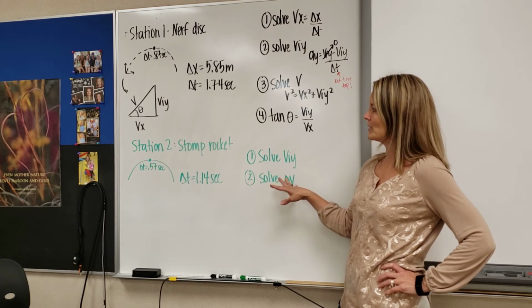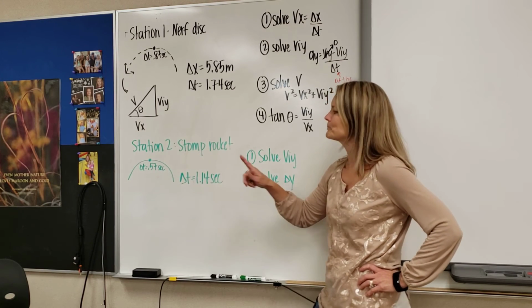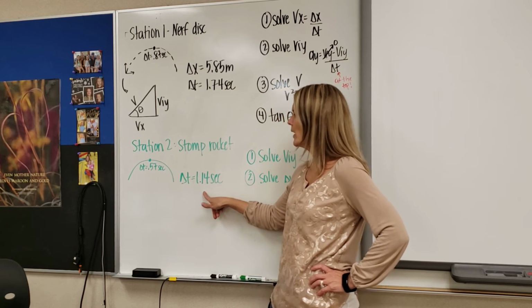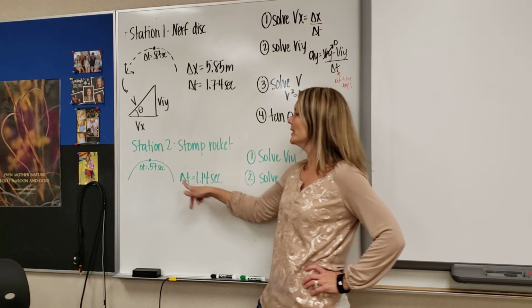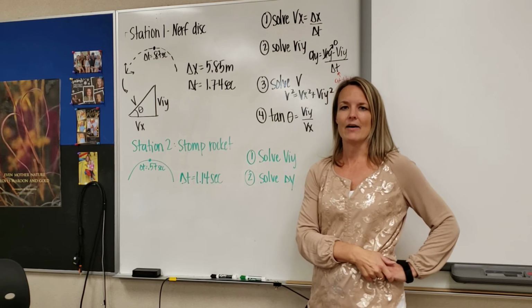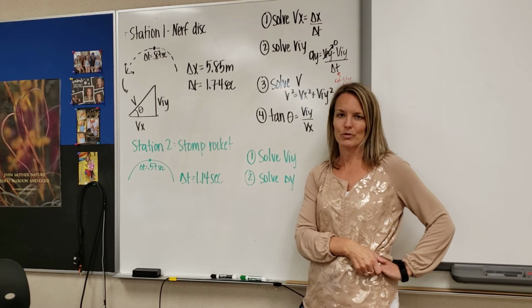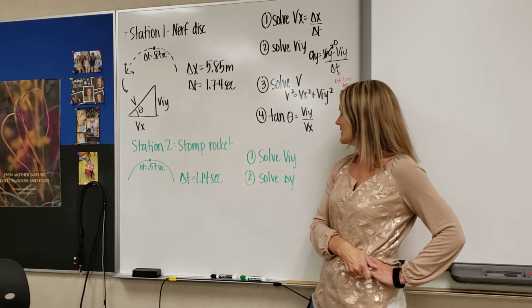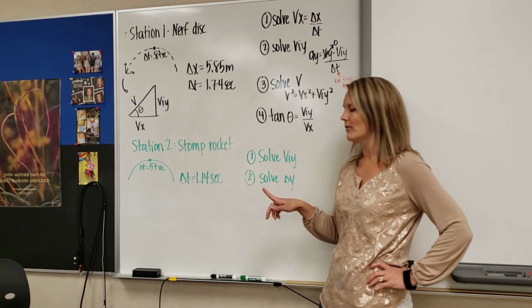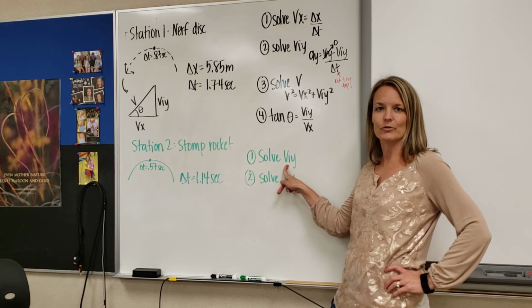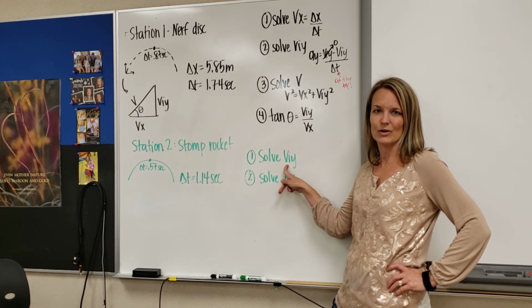For station number 2, the stomp rocket, all you had to do was measure the full time, 1.14. You will also need the time at the halfway point, the time at the top. So if you cut that in half, you have that number there as well. For this, your end goal is to solve for delta y. Along the way, you'll have to solve for VIY first because that's part of the equation.